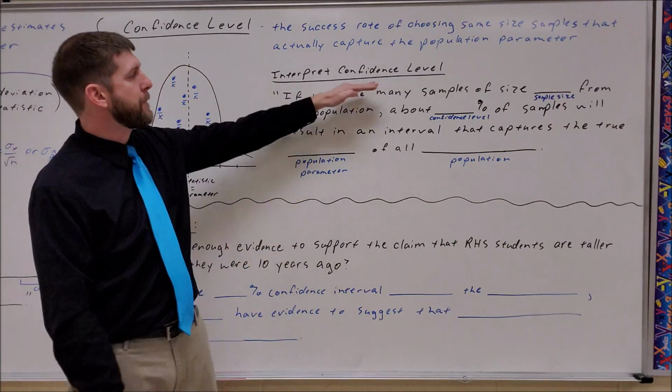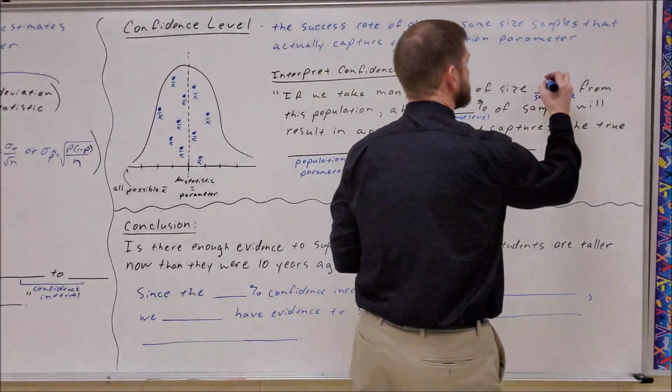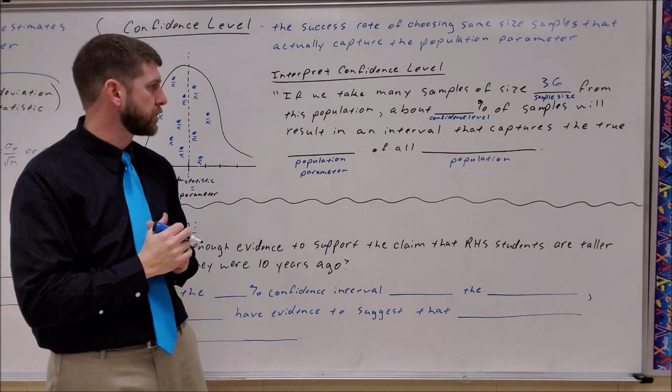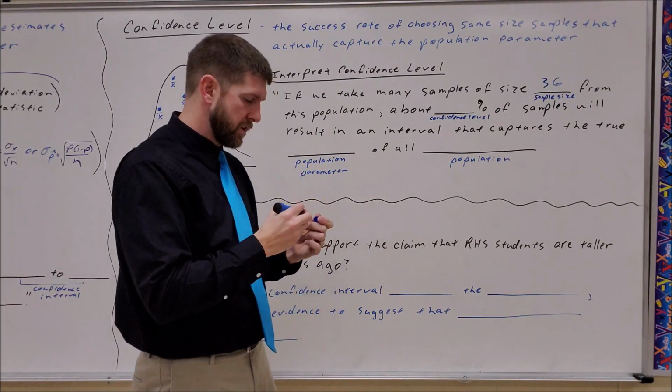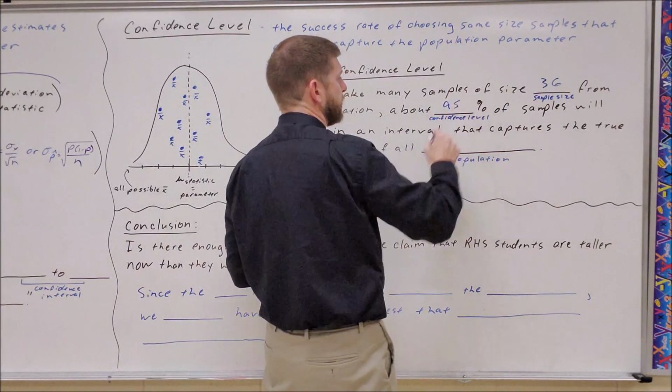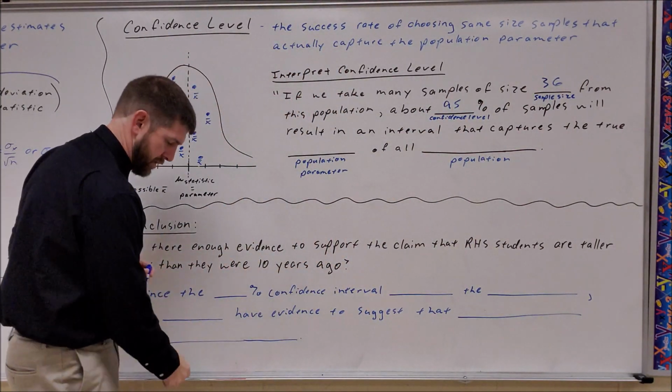It means if we take many, many samples of the same size, so in this case 36, from this population, these Riverdale students, and we're going to focus on, I want 95% confidence. All right, so about 95% of all samples.